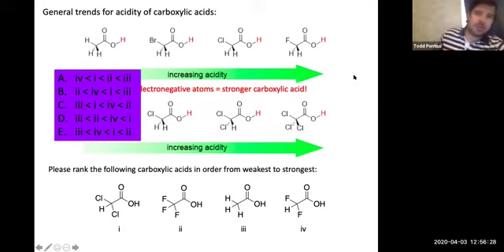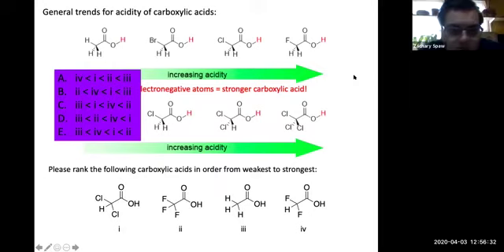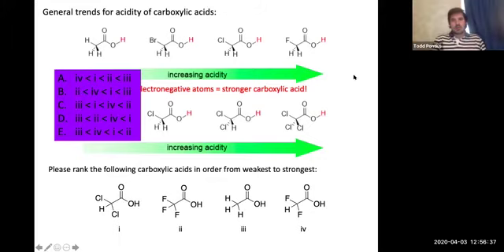I'll cue the polling music. We're going from least to greatest, right? Yes. So we want the weakest first and then the strongest last.